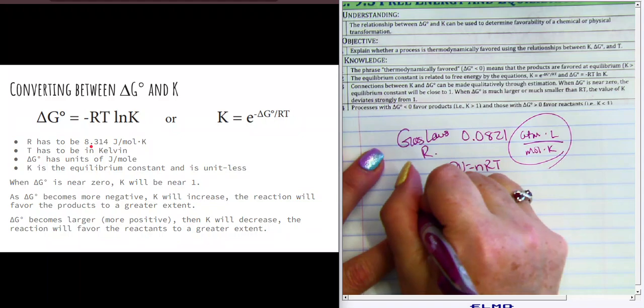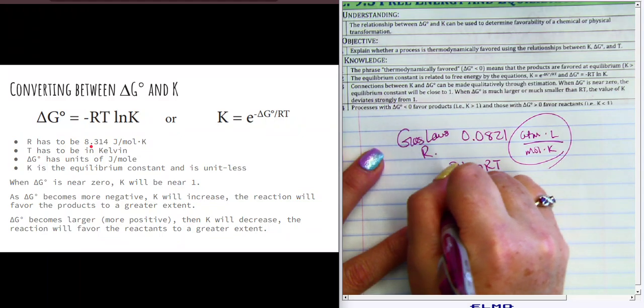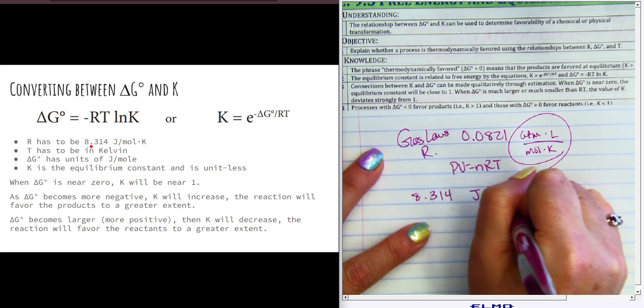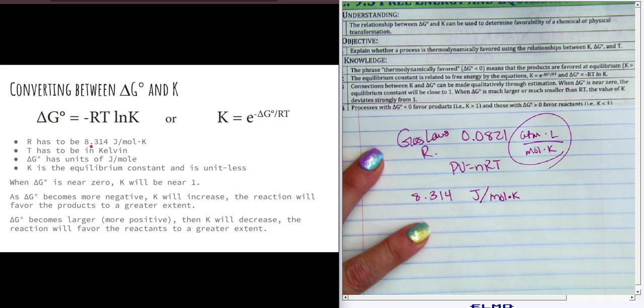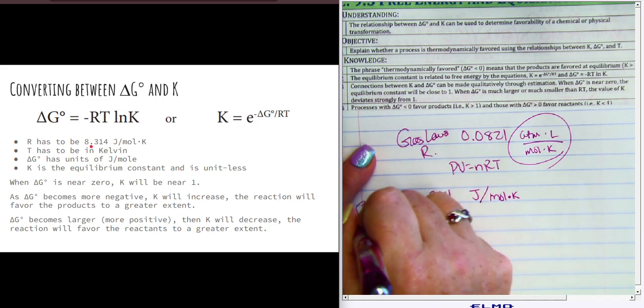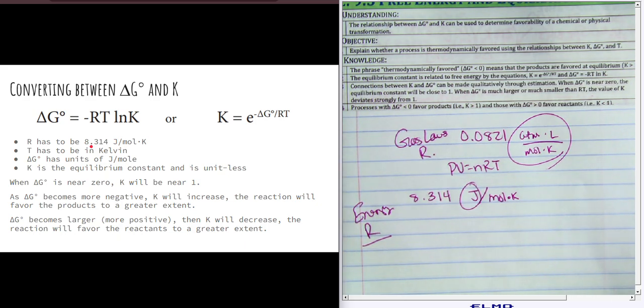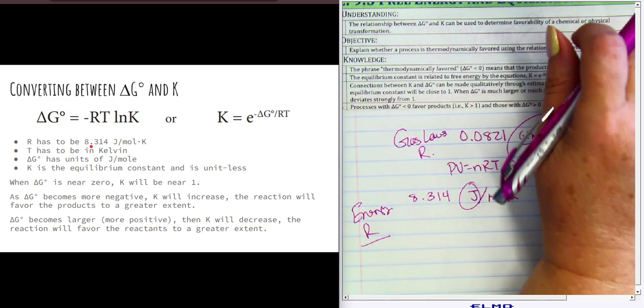And then this one is 8.314 joules per mole times Kelvin. So this is energy R. Why is it called energy R? Because it's joules. Energy R is joules. So when you're in thermo, you're going to use the energy R, because that's the one that makes sense, because we're talking about kilojoules of energy.